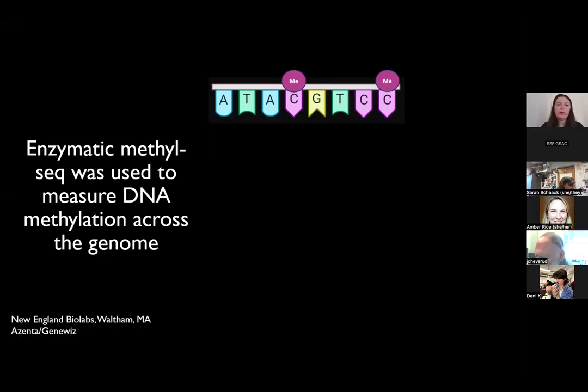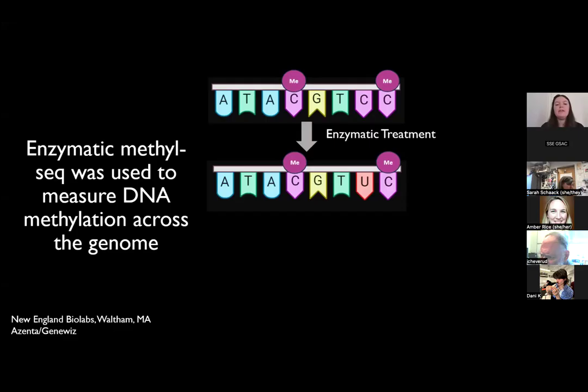So how it works is take this hypothetical sequence here. You'll notice that some cytosines are methylated and some are not. And when you expose this DNA to an enzymatic treatment, what happens is the methylated cytosines remain methylated and remain cytosines, but the unmethylated cytosines turn into uracils, or what looks like a uracil, when you sequence them.